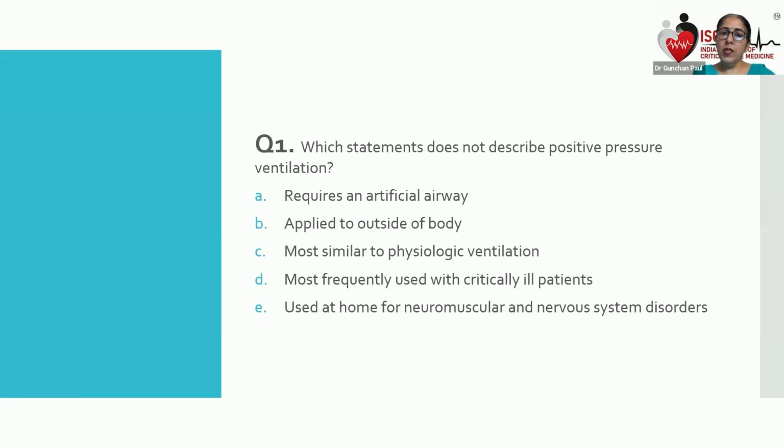D, most frequently used with critically ill patients. E, used at home for neuromuscular and nervous system disorders. You can give your answers in the chat box. Which does not describe positive pressure ventilation? Participants can write in the chat box.